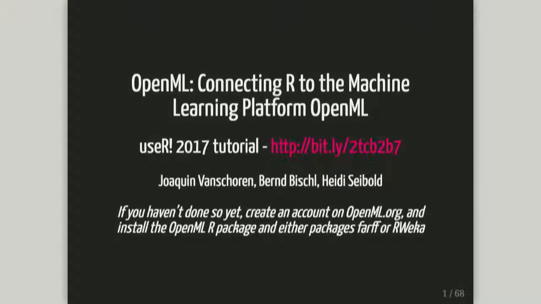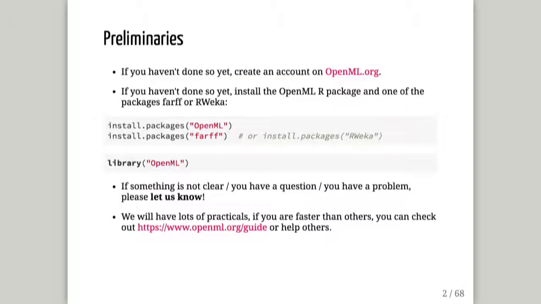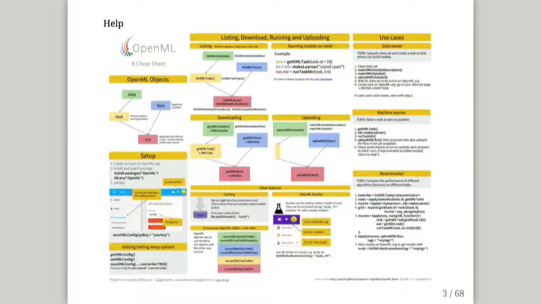Does everyone have a post-it note? They should be somewhere, and you just have to pass them around. And also, does everyone have a cheat sheet? Just keep up your hands in front of you. Awesome.